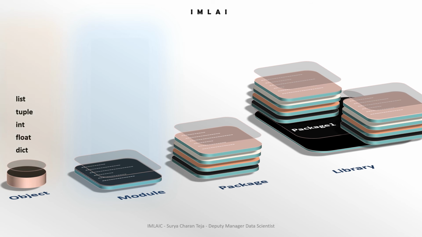You can see an example here: the module's file name is mod.py, and it has one attribute and one function in it. When you call that function, it returns the name of this module, capital MOD.